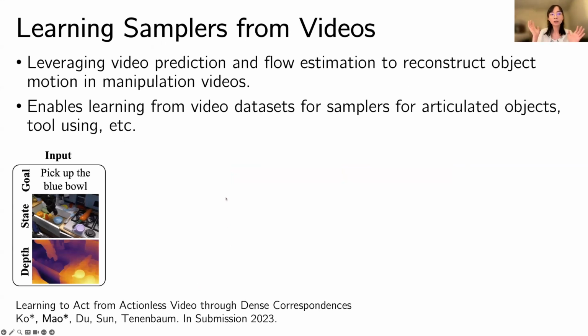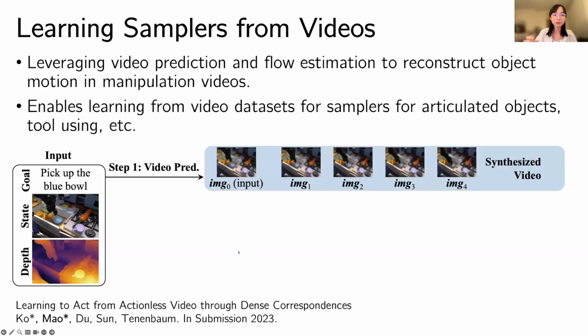So the overall pipeline looks like the following. Given the input goal, which could be the output of the task-level planner, and also the current state composed of the RGB image and the depth map, the first step is a video prediction, basically synthesizing a video that hallucinates how a robot or a human might be able to accomplish this task based on the current initial configuration.